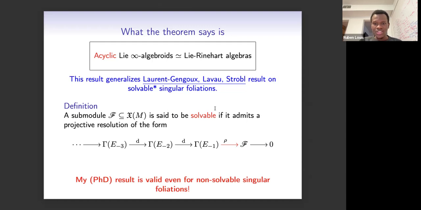The result I just presented, done in my PhD, is valid for any module without exception. Although you can get a resolution of infinite length, or the module may not be finitely generated, the terms are free.